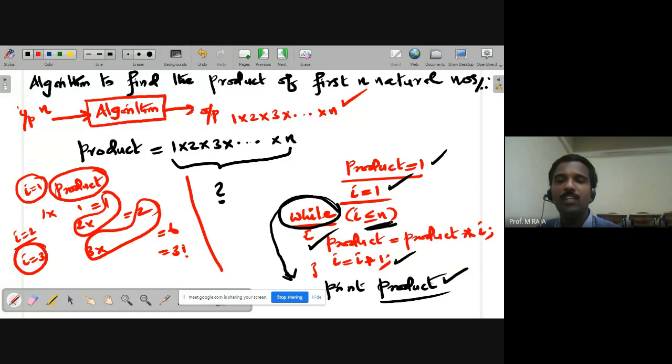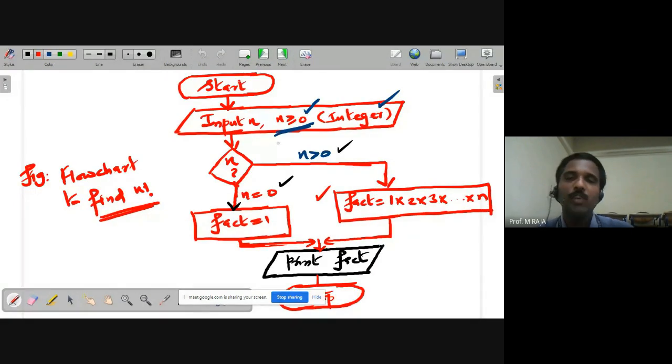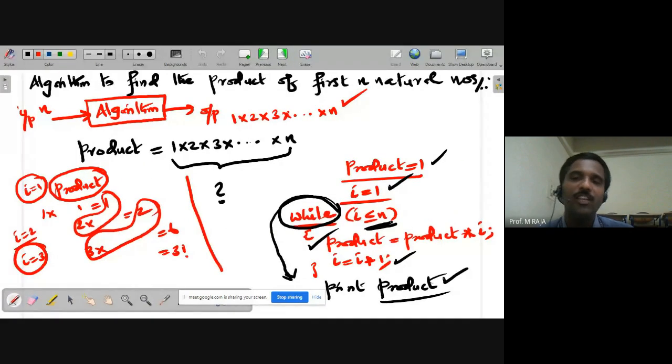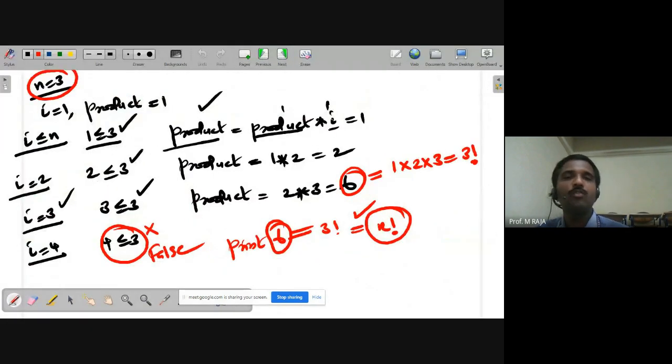This is the logic to find the product of n numbers, or simply the value of n factorial explicitly. See one thing, you can also write fact is equal to 1 into 2 into 3 into etc. n here, no problem. But how this operation is actually being carried out is like this: starting with I as 1 and the product as 1, then checking if I is less than or equal to n, multiply product with I and update the variable product and increment the variable I by 1, continue these operations until I less than or equal to n becomes false.